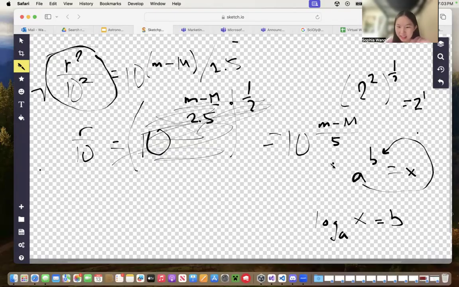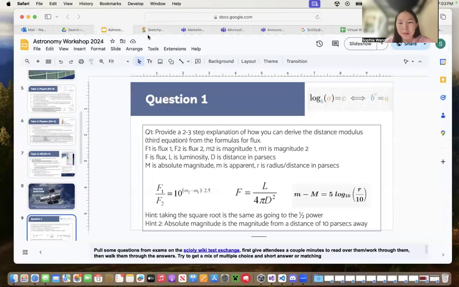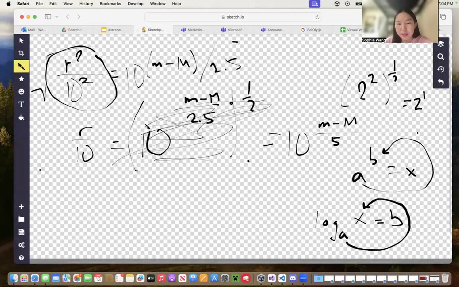You can think in your head, first log base a of x equals b, and finally just go in a little circle. And it's the same if you want to go back: a to the b power equals x. You'll notice that's what it is here. So that's how logarithms work, and we're just going to take log base 10, just like they did here, of both sides of the equation, because we still want it to be equal.